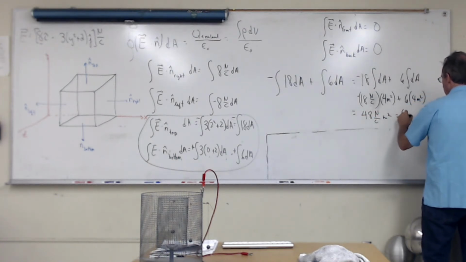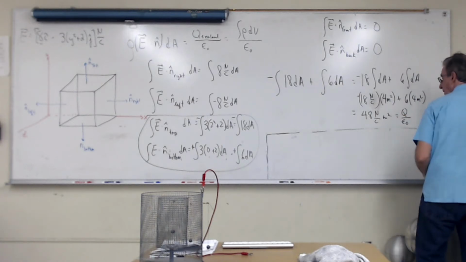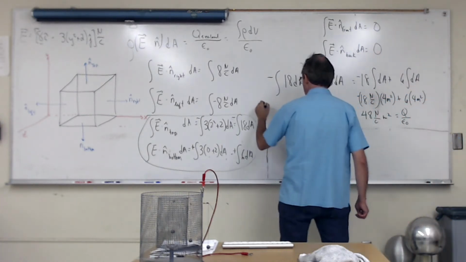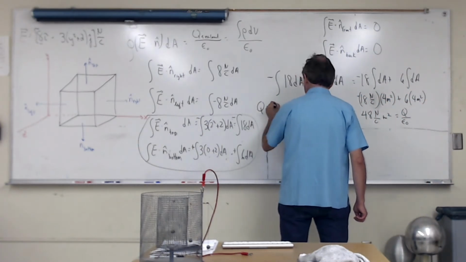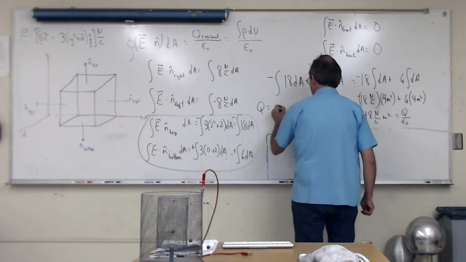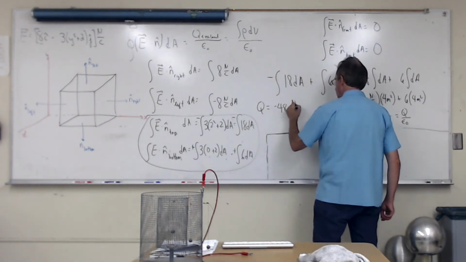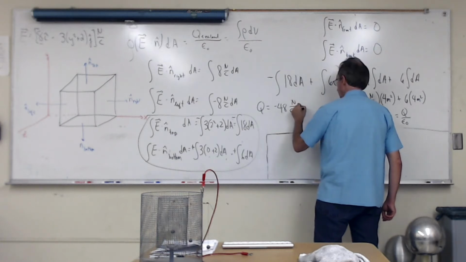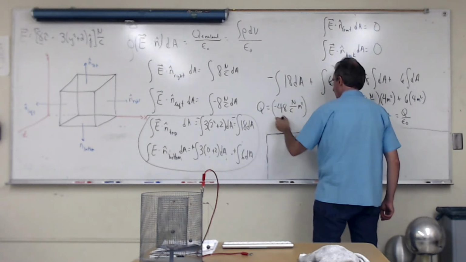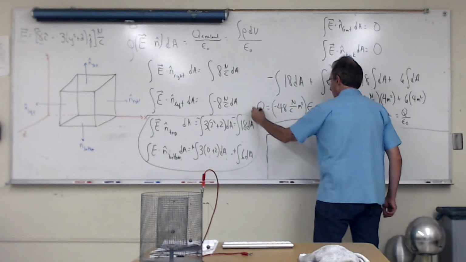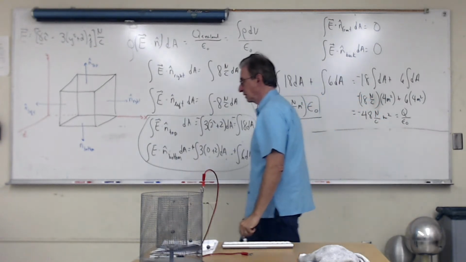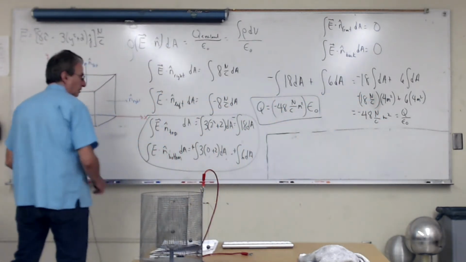And that's equal to Q over epsilon naught. And so Q then is minus 48 newtons per coulomb meter squared times epsilon naught. So that's how much charge is inside that box.